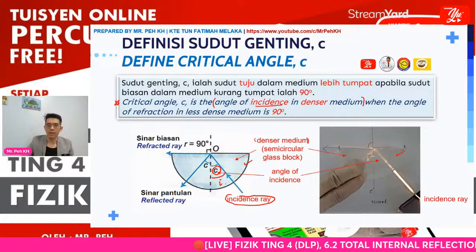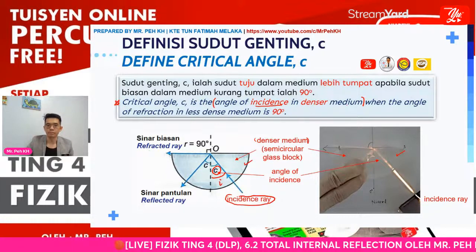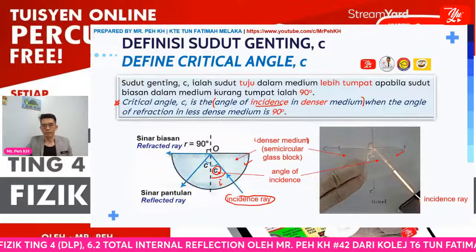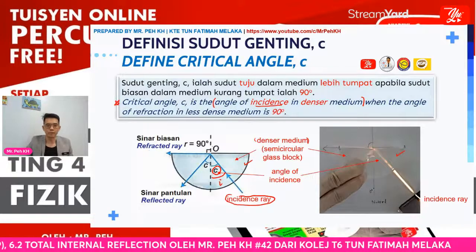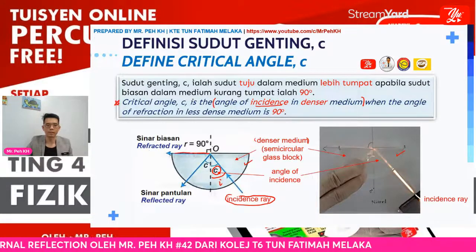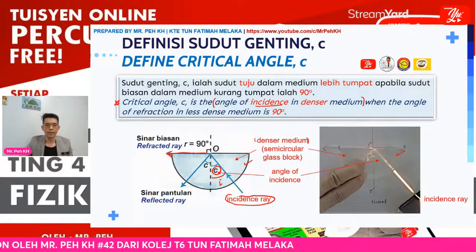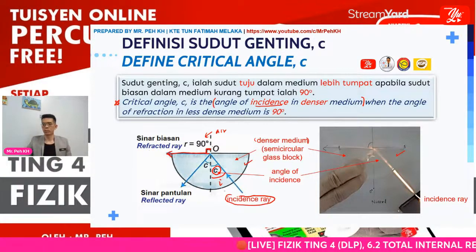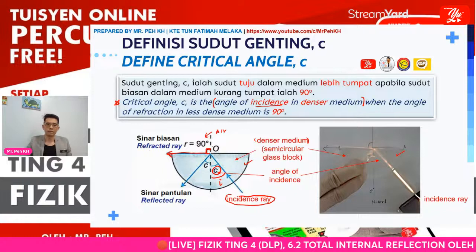And this incident angle in the denser medium will be known as the critical angle when the refracted angle, which is showing at this line, the refracted ray, and the angle in the less dense medium, which is air, is equal to 90 degrees. So the incident angle we will know as the critical angle.